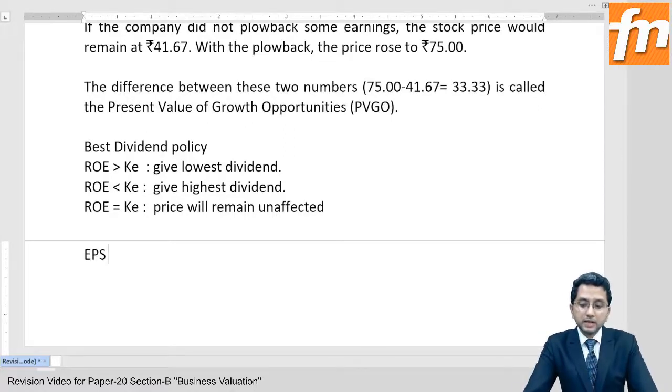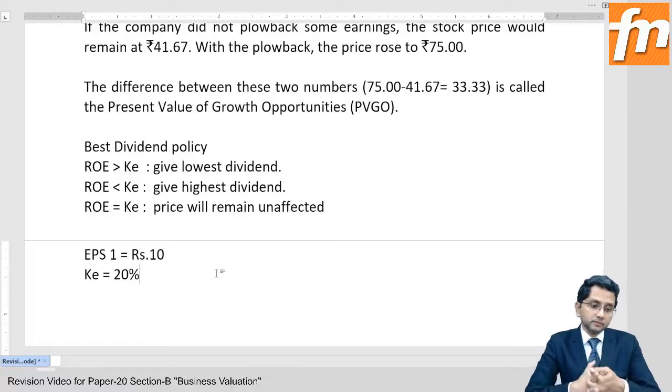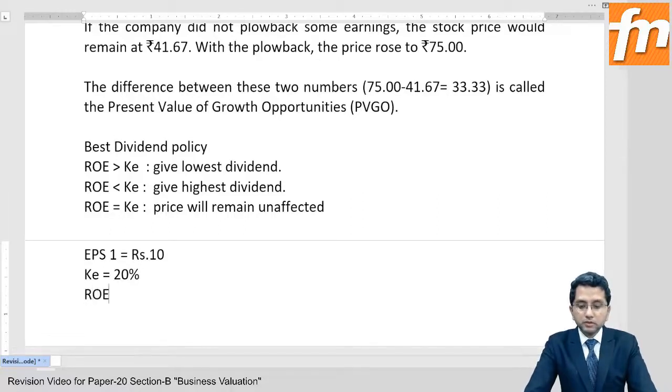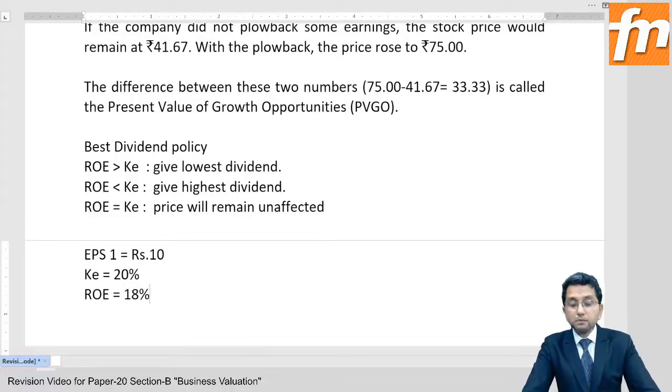Suppose your EPS for the first year will be rupees 10. Suppose the cost of equity is 20%. Suppose return on equity is 18%.